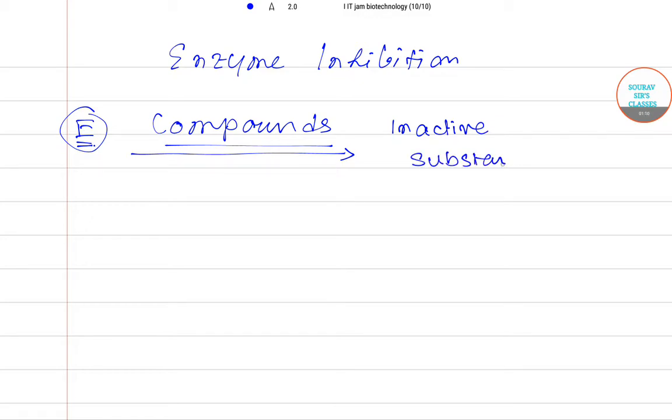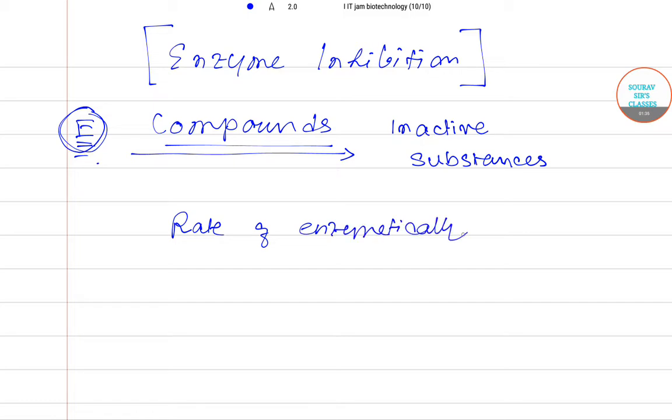Now when they are inactive, they lose their enzymatic activity, meaning they cannot catalyze any reaction, and enzyme inhibition also affects the rate of the enzymatically catalyzed reaction.